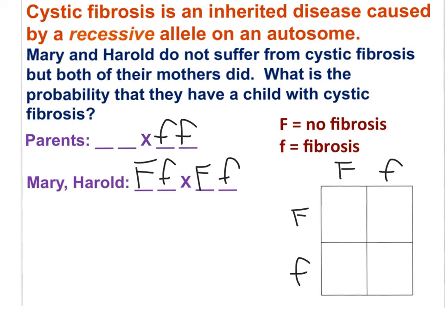We have gametes with single alleles. We can go through random fertilization to produce the expected ratio of offspring, and we would expect in this case that 1/4 of their offspring would have cystic fibrosis. So the probability that they have a child with cystic fibrosis is 1/4 or 25%.